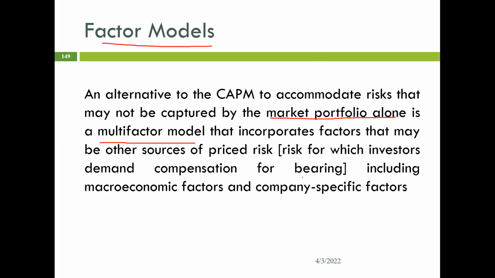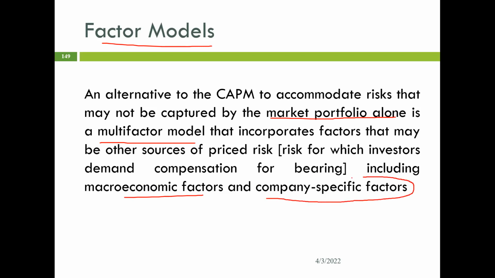It's not only the market portfolio and market risk; investors say that when this variable changes, there is a risk, and there is compensation for that as well. So likewise they are claiming other factors with the multi-factor model, right? Risk for which investors demand compensation for bearing. So including macroeconomic factors, some empirical models are developed.